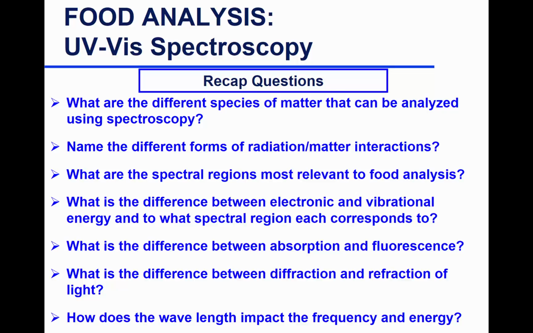What is the difference between electronic and vibrational energy, and to what spectral region does each correspond? Electronic excitation is due to what? Light. But what part gets excited? The electron.